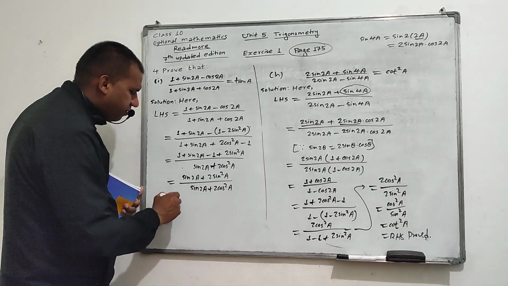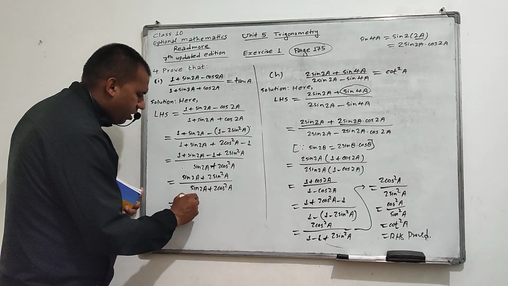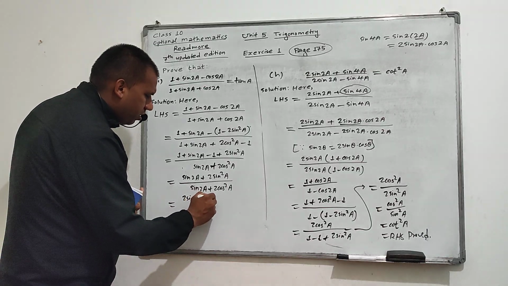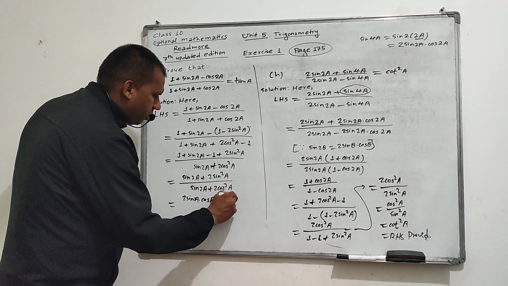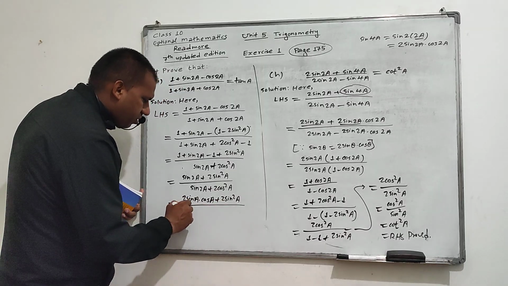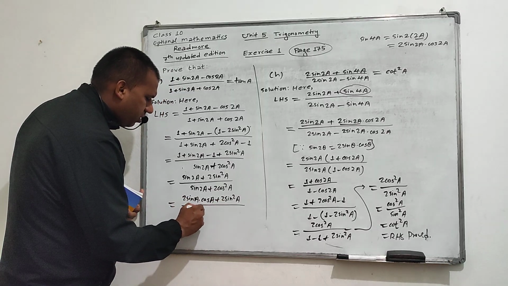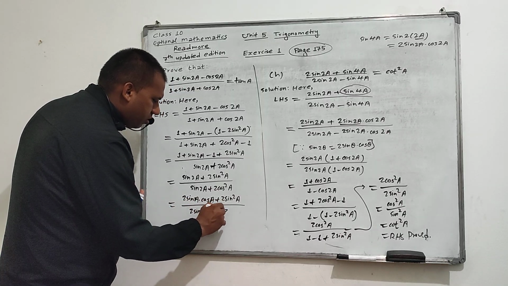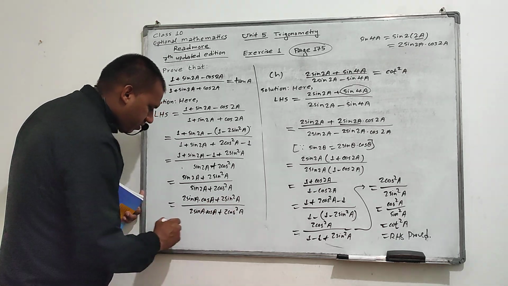Now you know sine 2a is 2 sine a cos a. So 2 sine a cos a plus 2 sine square a all upon 2 sine a cos a plus 2 cos square a.